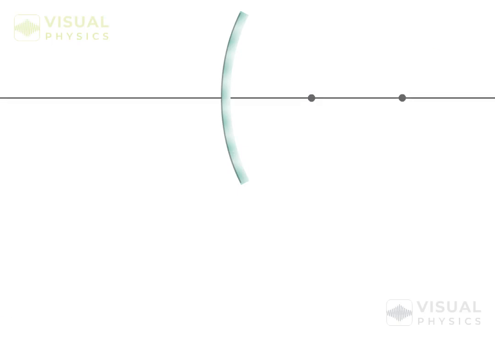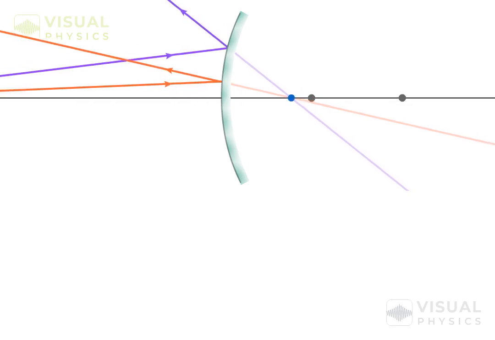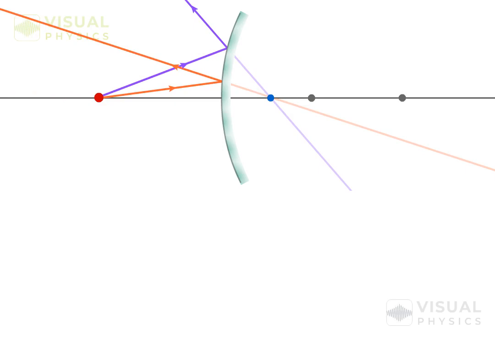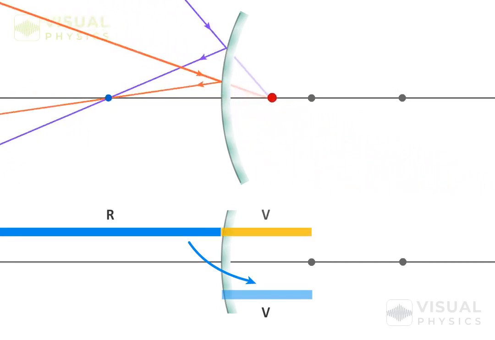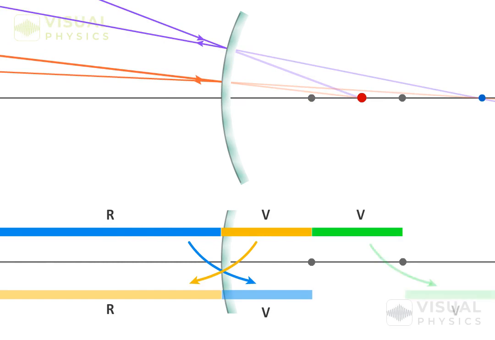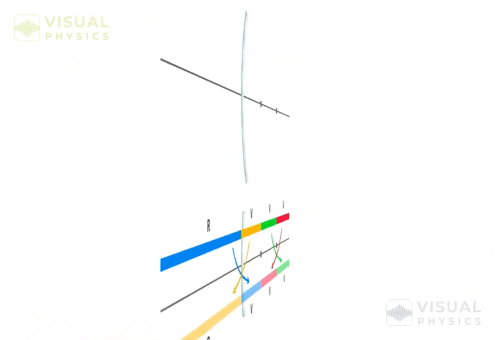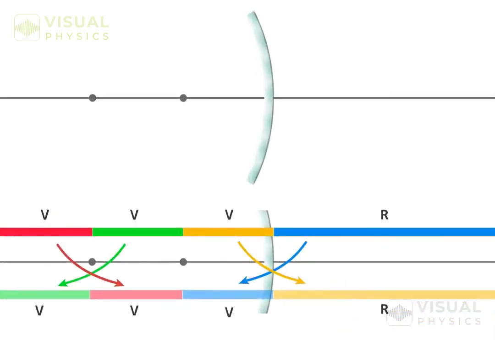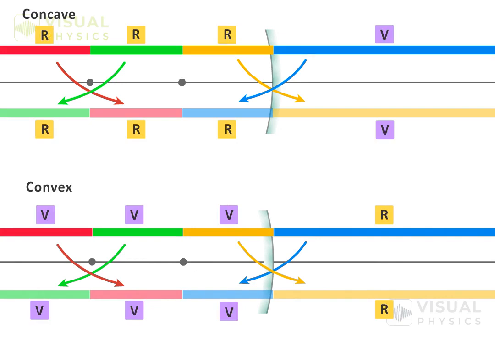Now, for a convex mirror also, similar relationship holds, except that the real and the virtual are swapped.